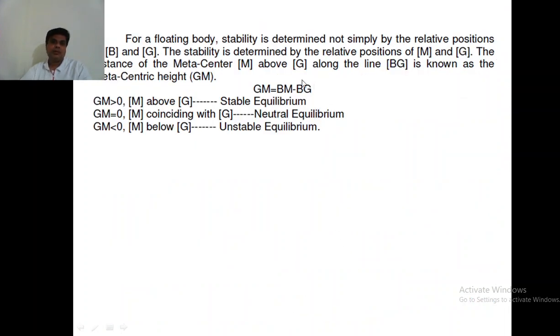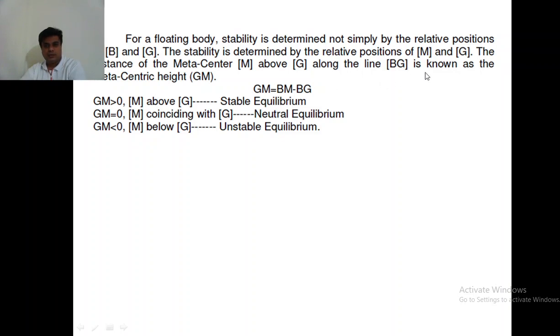So just remember these points here. M is the metacenter, G is the center of gravity, B is the center of buoyancy, and the distance between M and G is called the metacentric height. So this GM or MG is the metacentric height.